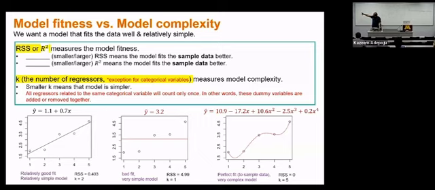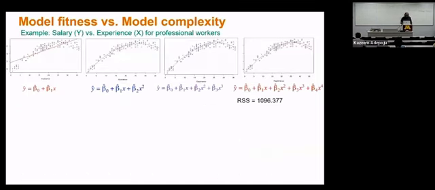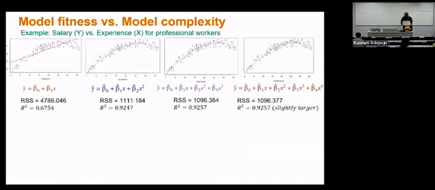Okay. So we don't want just intercepts. We also don't want a situation where there are a lot of regressors in the model. Does that make sense? Okay, take a look at this. You remember the other time I walked you through a real-life practical situation where I was looking at the effect of experience of professional workers on their salary, when we fitted simple linear regression.